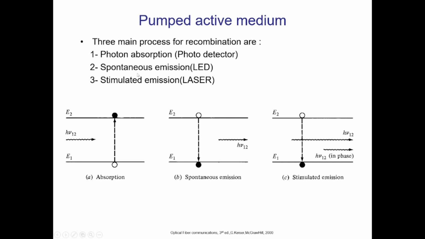The next is emission. If there are electrons in the upper band, E2, and holes in the lower band, E1, then with the normal application of current, there will be some emission of photons. That is called spontaneous emission.